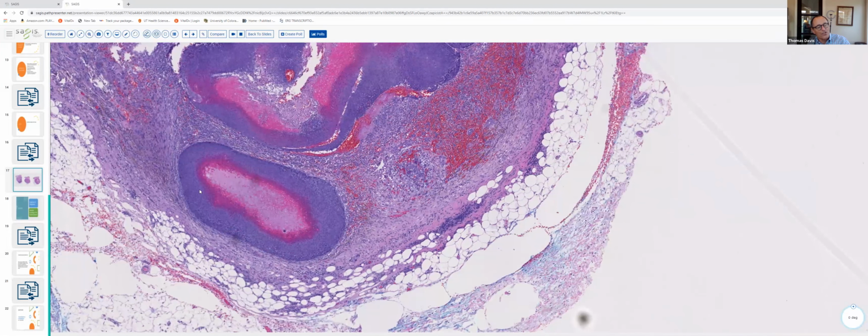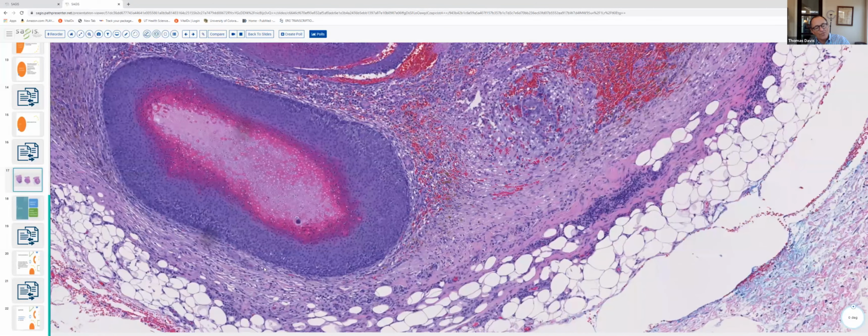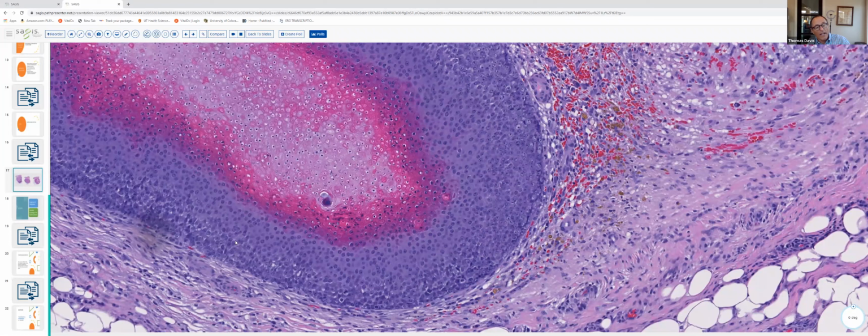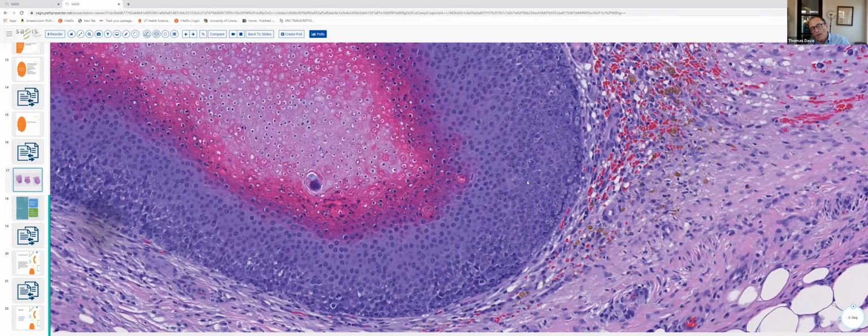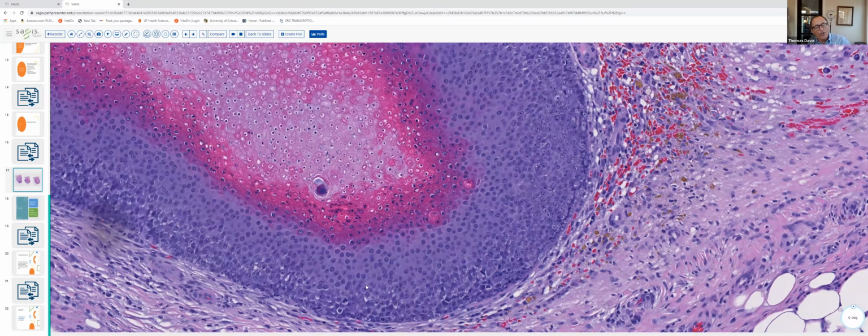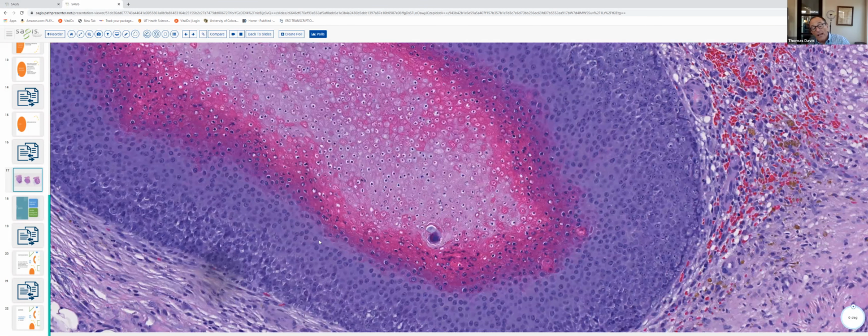The cyst is lined by hair matrix cells. And as a result, we see a lining that has very basoid cells with a high nuclear to cytoplasmic ratio. Frequently, these are quite mitotically active, and they undergo keratinization in a fashion that basically recapitulates what one sees in the hair matrix.